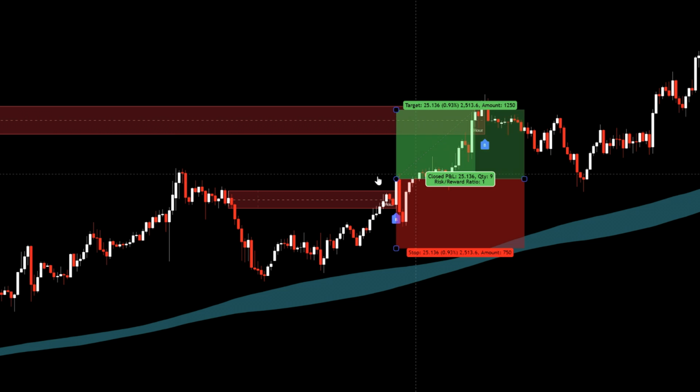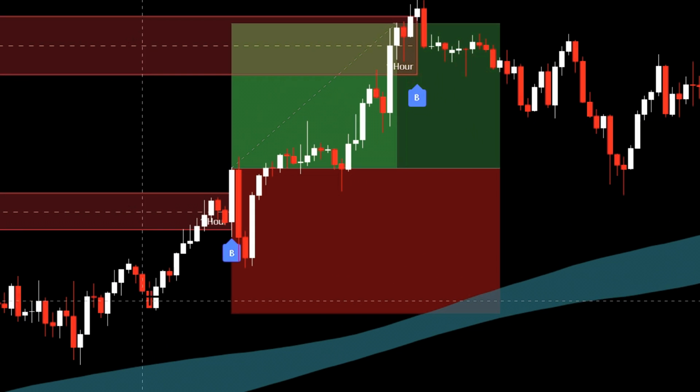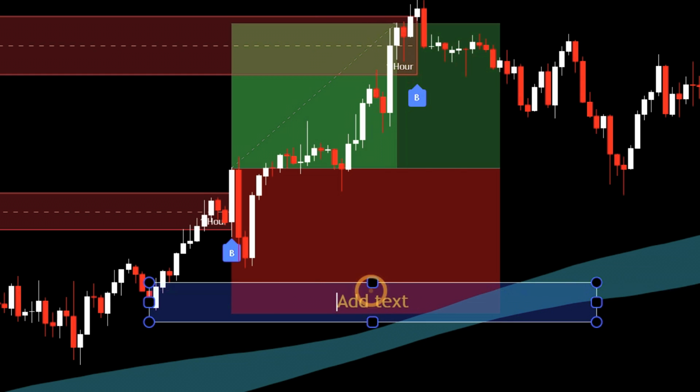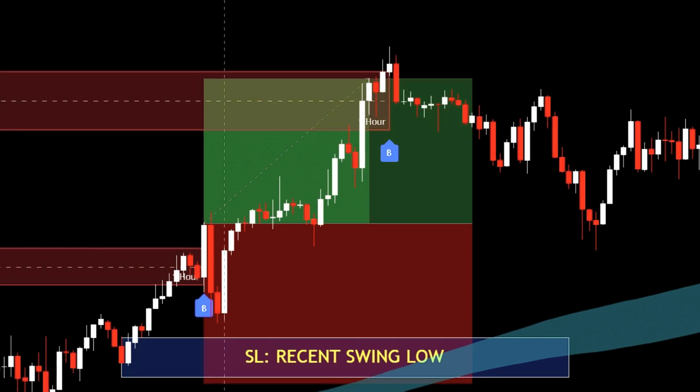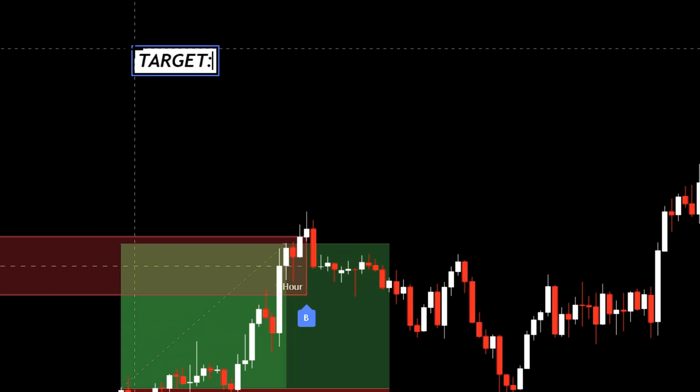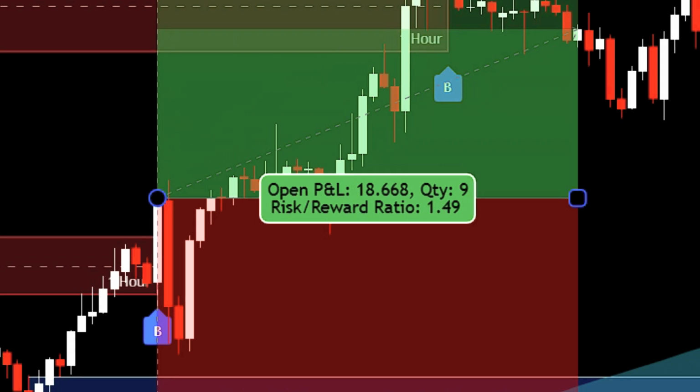For your stop loss, you place it right at the most recent swing low. And for your profit target, we're aiming for 2R, meaning twice your initial risk. It's that simple to manage your trades and make money trading.